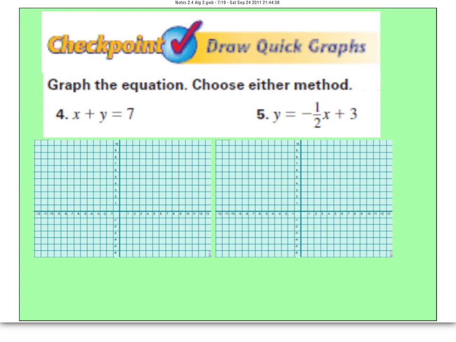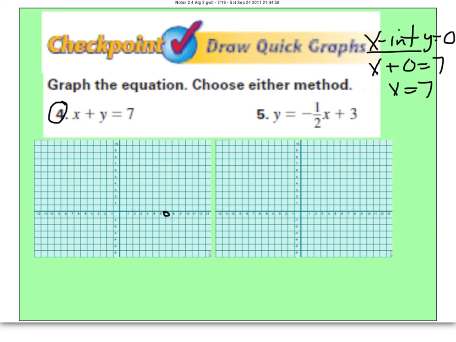Now, we already graphed number 4 using the slope-intercept format, but I'm going to show you how you can also graph it with the x-intercept, y-intercept format. Number 4 is in standard format already. To find the x-intercept, I'm going to make y equal to 0, so it would be x plus 0 equals 7, therefore x is 7.